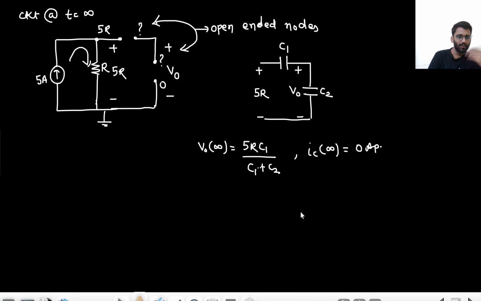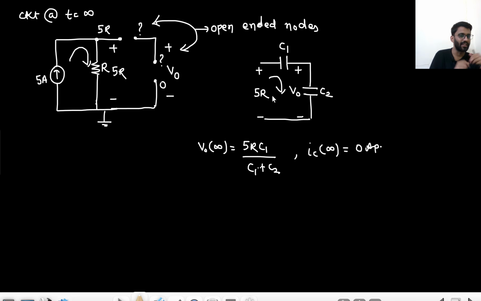Now some students who think a lot may think that the current will be impulsive, IC, because they will say that 5R voltage is coming and then here the capacitors are there, so we can say the current will be impulsive. Is the capacitance shorted here? Capacitances are not shorted here. They are providing very high impedance.